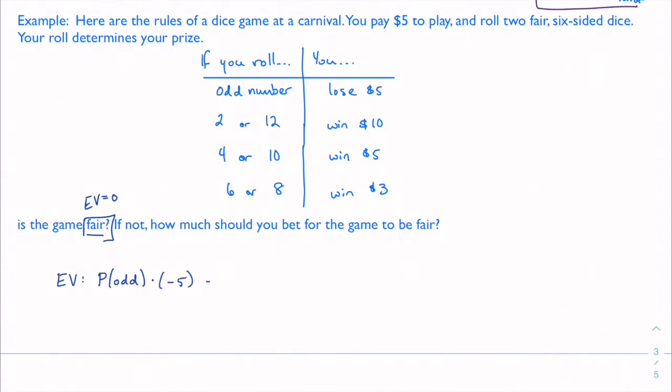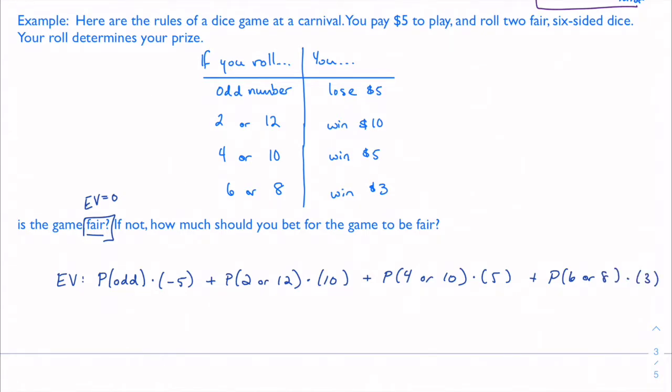And then the probability of rolling a 2 or a 12, and the outcome is you win $10. And then the probability of rolling a 4 or a 10, and you win $5, so you kind of break even. And then the probability of rolling a 6 or an 8, you win $3, so you actually win less than you put down in the first place. Great, so we've got to calculate all this now.